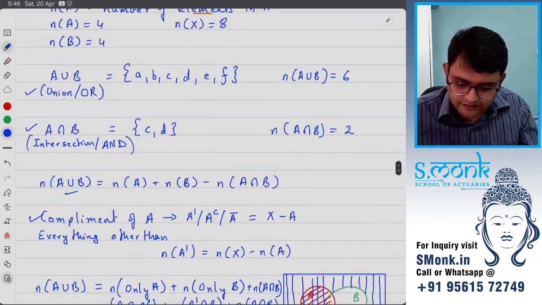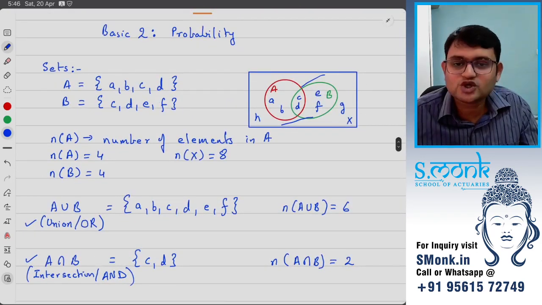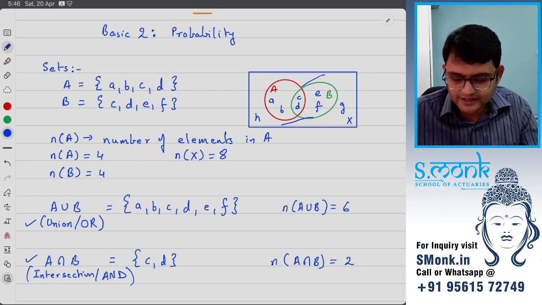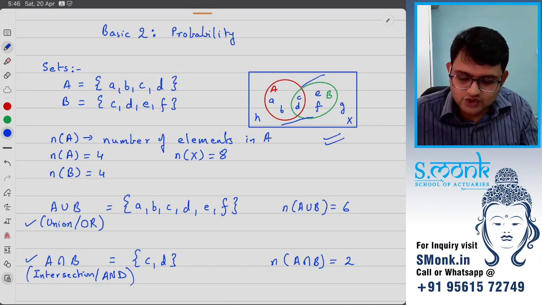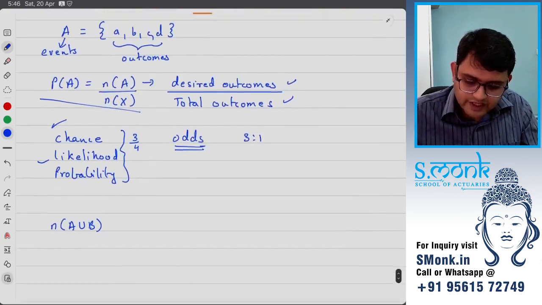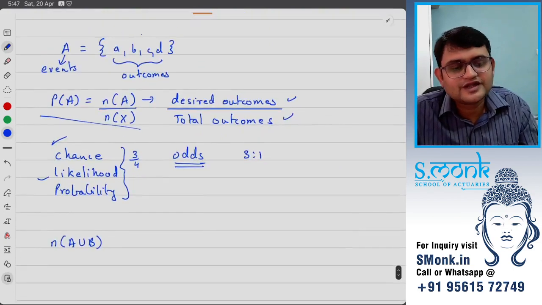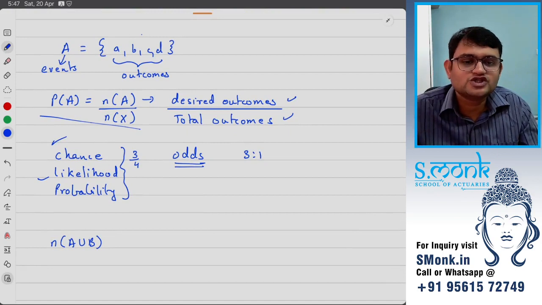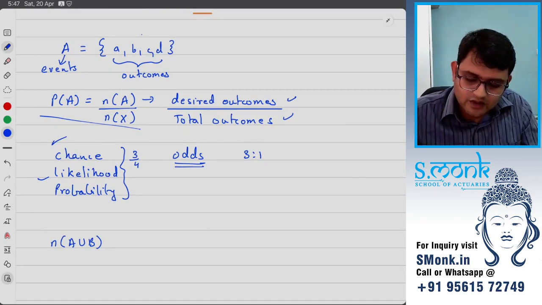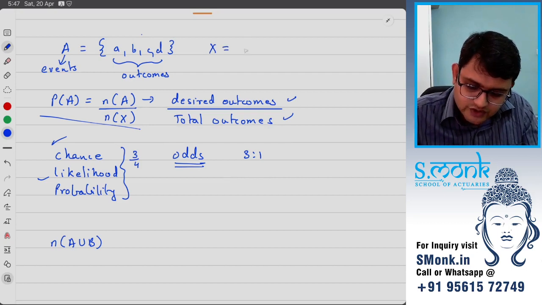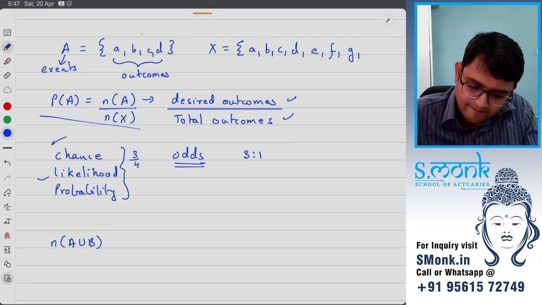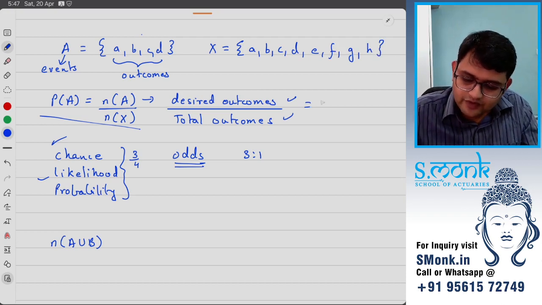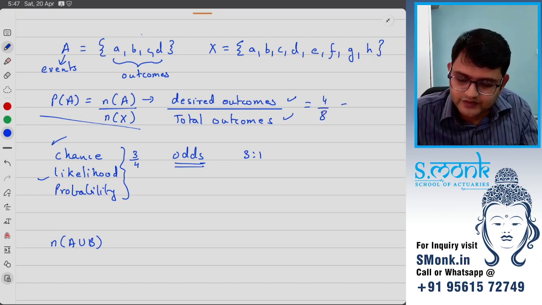But in the universal set we had E, F, G, H also, in this example. So if you get A, B, C or D, it is success, but if you get E, F, G, H, it is failure. So my X, that is the universal set, would be all of them. So here probability would be 4 out of 8, that is 1/2.